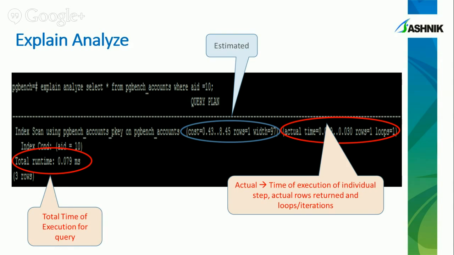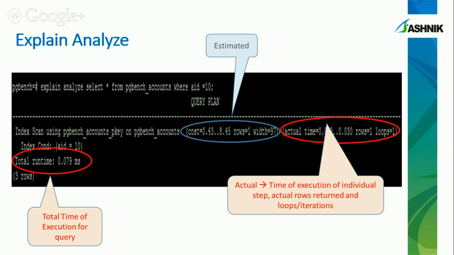So just to confirm, can everyone see a screen where we have a blue color oval and two red color ovals? This is what we are talking about, and this is how your explain analyze command will help you.